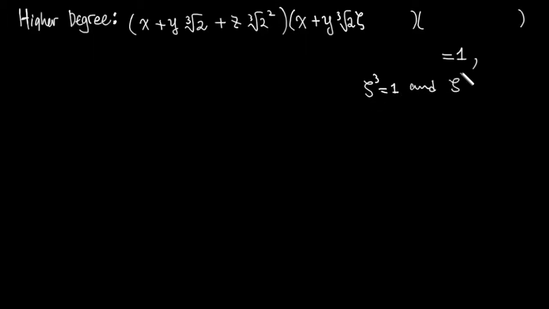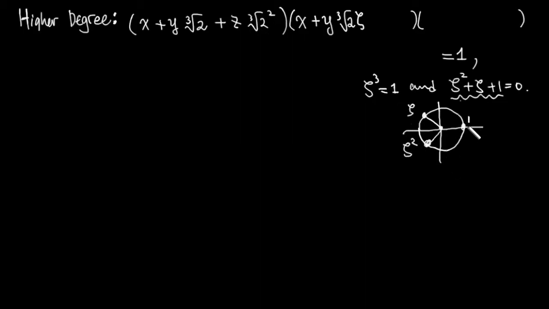That case is captured by this quadratic equation. A complex number that satisfies this quadratic equation has this property, and that's a primitive third root of unity. So I draw this complex plane. This is where 1 is, that's where zeta is, and that's where zeta squared is, and you go back to 1. So that must be 120 degrees.